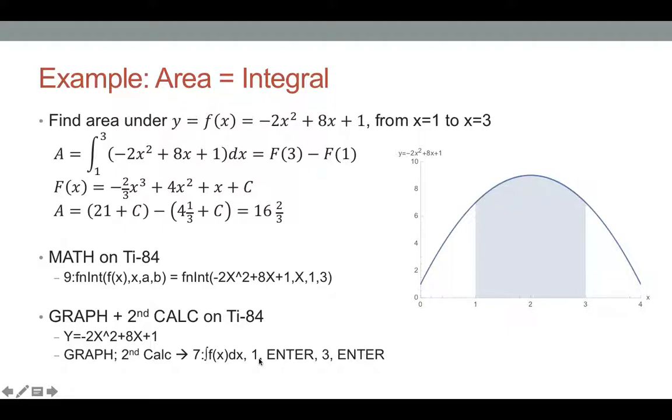And what you need to do is enter the limits, which is 1, and then enter, and then the second limit, 3, hit enter. That should evaluate the area from 1 to 3, and again, should give you 16 2/3. I would again suggest that you do that on your calculator to make sure you see how it works. Any one of these methods should give you the correct answer.